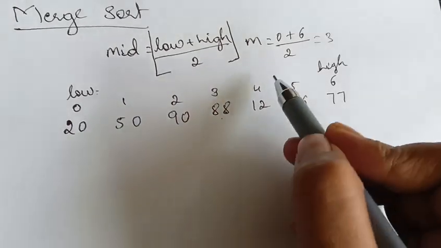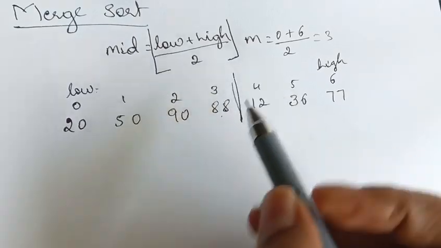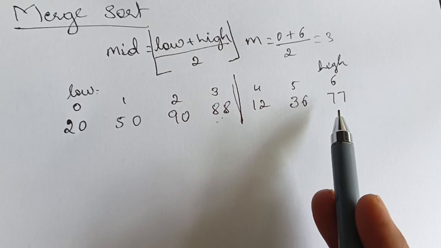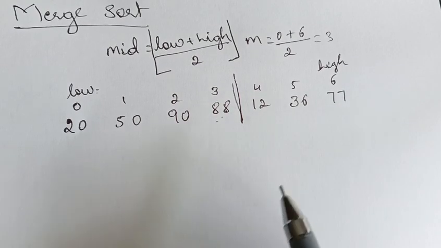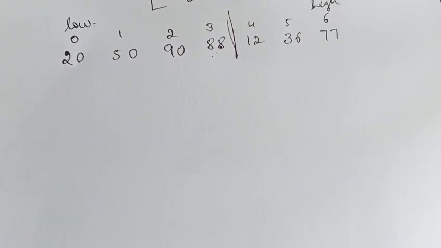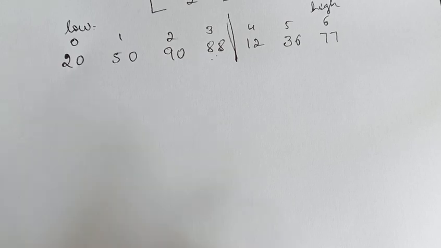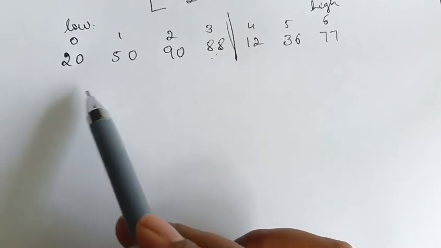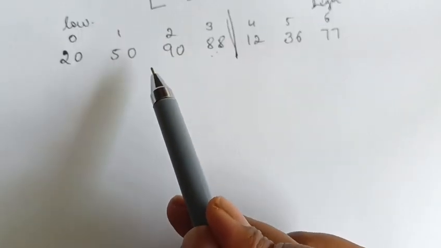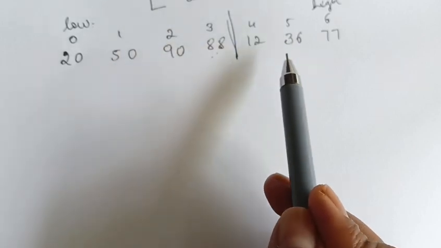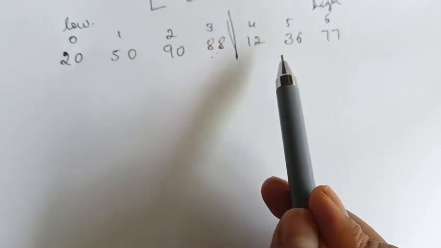Up to 3 will be the left part of the array, and after 3, whatever elements you have all come under the right part of the array. According to the algorithm, this is a recursive algorithm. First, whatever operation we perform will be done on the left part of the array. Once the operation on the left part is done, only then will it go to the right part of the array.